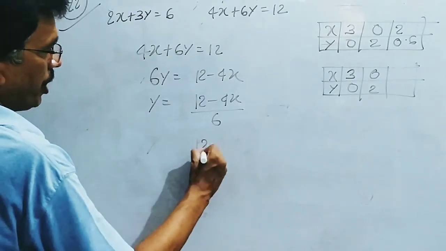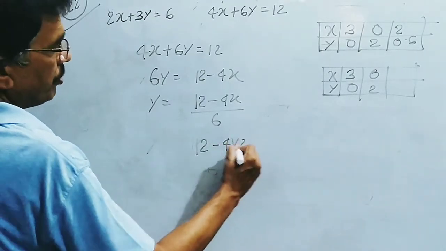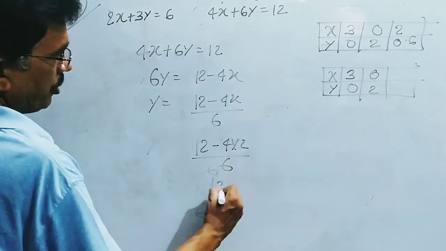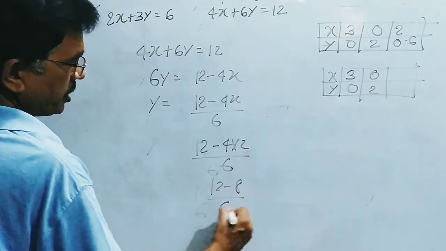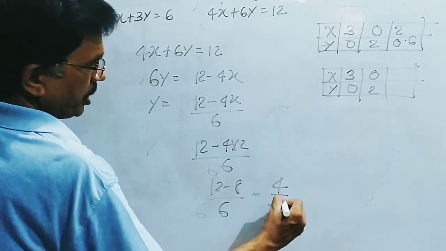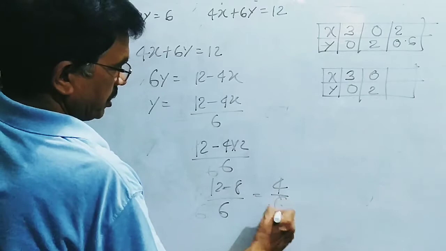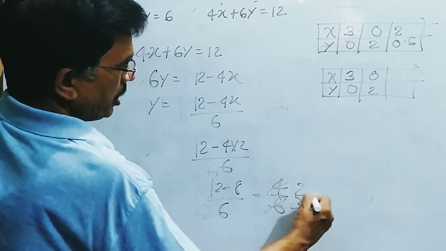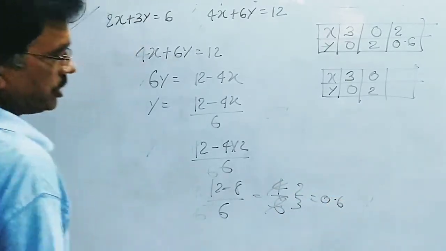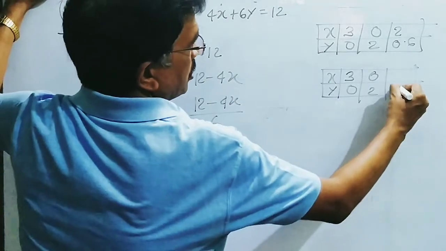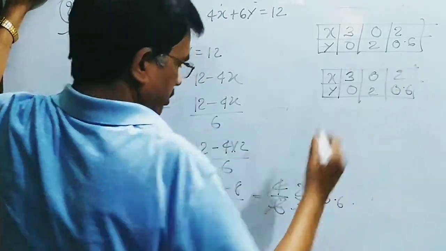So write (12 - 4 into 2)/6. (12 - 8)/6, then 4/6, that is 2/3. It is equal to 0.666. So write 0.6.